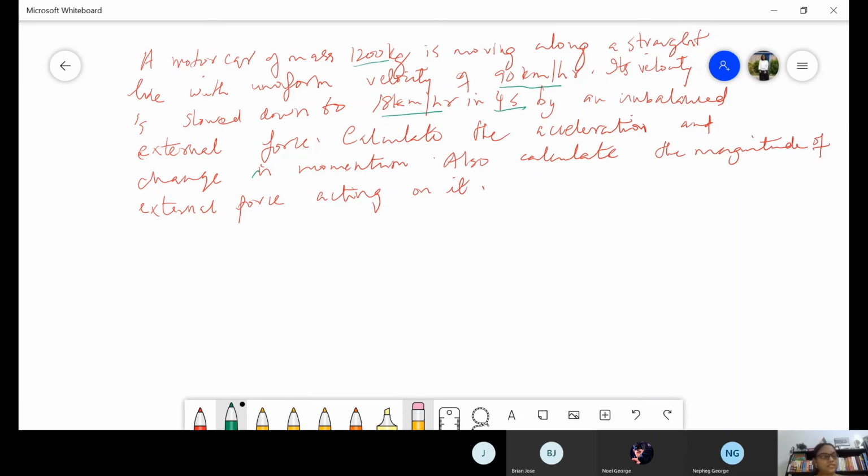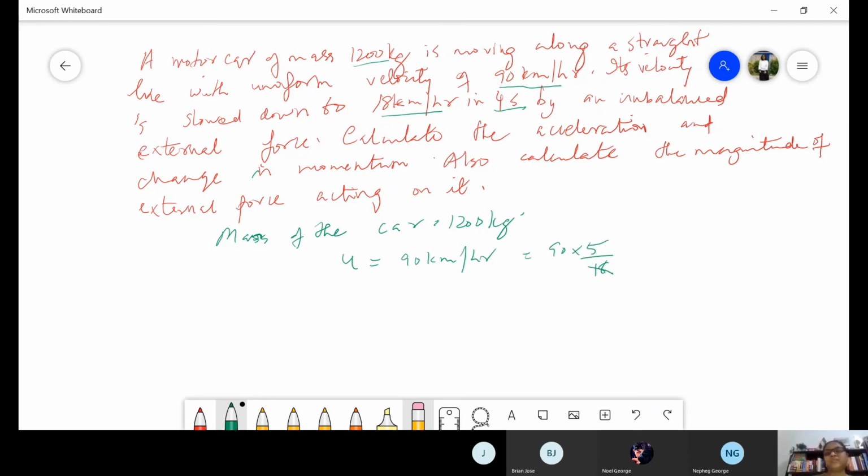So mass of the car is given. So we can write mass of the car equal to 1200 kilogram. Now, what is the uniform velocity? It is moving with the velocity, that means U. U is equal to 90 kilometer per hour, and we have to convert into meter per second.